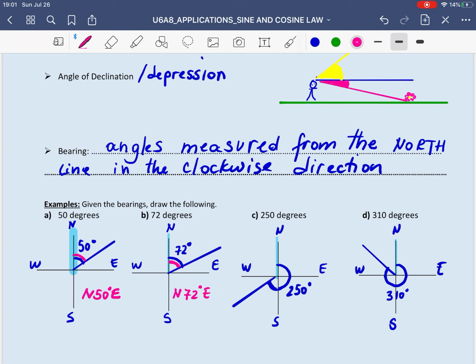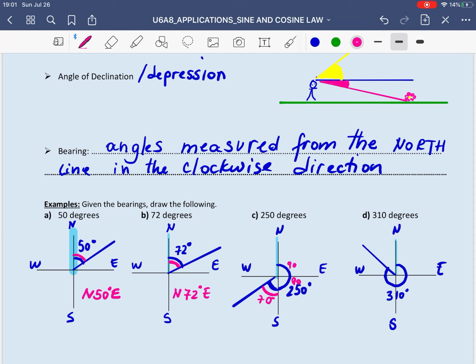Now, in the next example, we have 250 degrees. So what we are going to do is just simply use the acute angle. And we're going to say that here we have 90 actually, which makes 180. And then this one here would be 70 degrees.